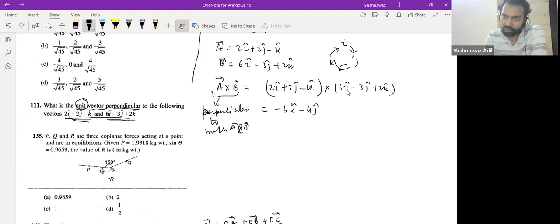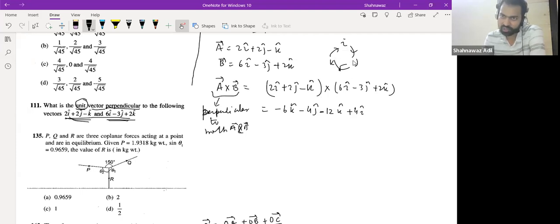Then 2j into i: j cross i is minus k, so minus of 12k hat. j into j is 0, and j into k is positive i, so 2 into 2 is 4i.